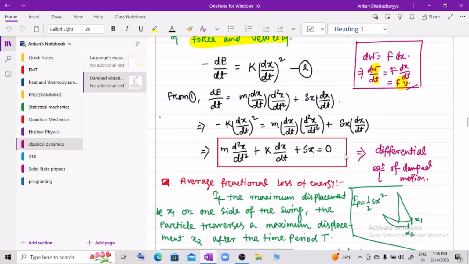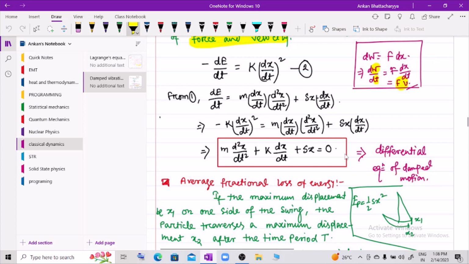Yes, this is nothing but the differential equation for the damped motion.